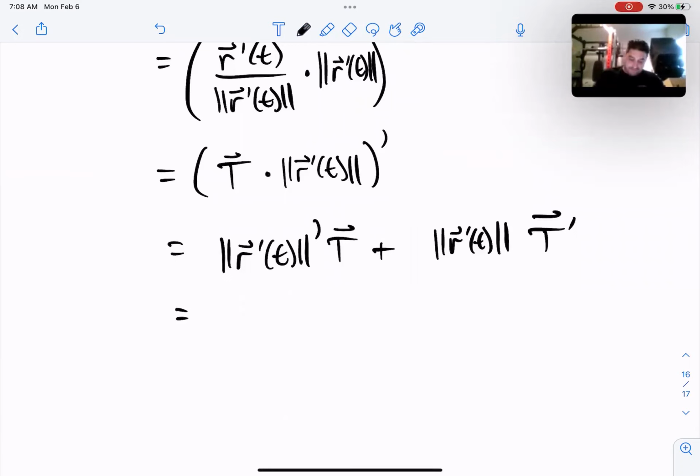What does this become? Well, this is done. This is what we wanted. There's the tangential component, so that component's fine. This component is almost done.